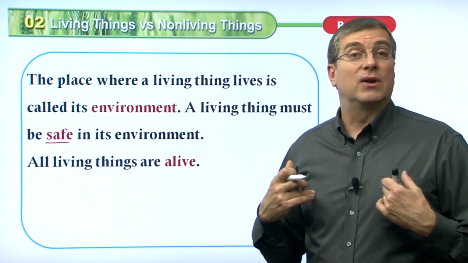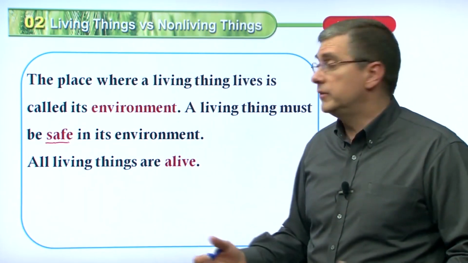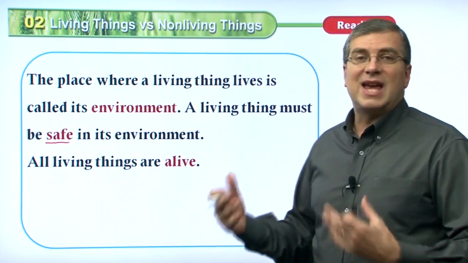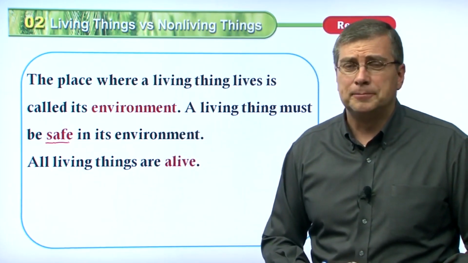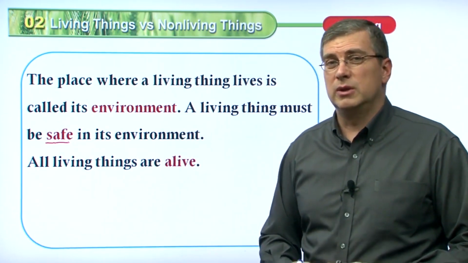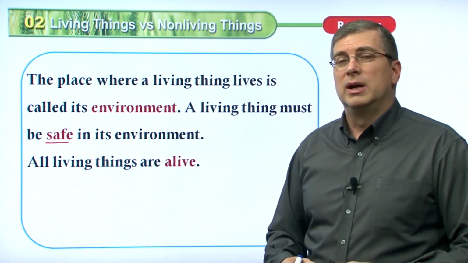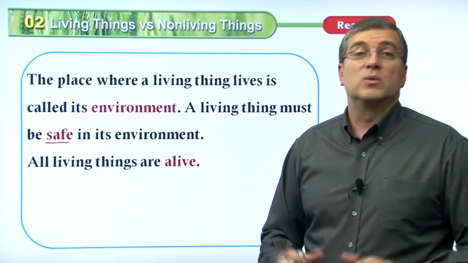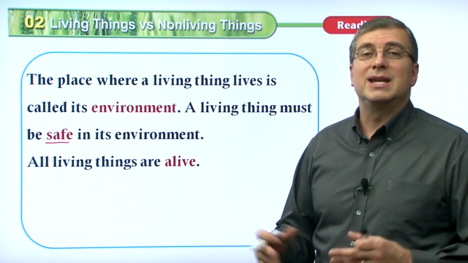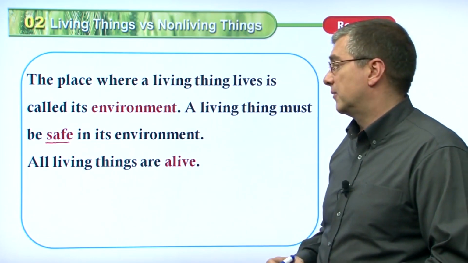We want to be safe in our environment. We build our own homes, right? But we need to be safe in our environment. Our environment also needs to be clean and healthy. We shouldn't pollute. We shouldn't throw away things or do something to our environment to make it dirty. Otherwise, we will not be safe, right? We need a clean environment to be safe.